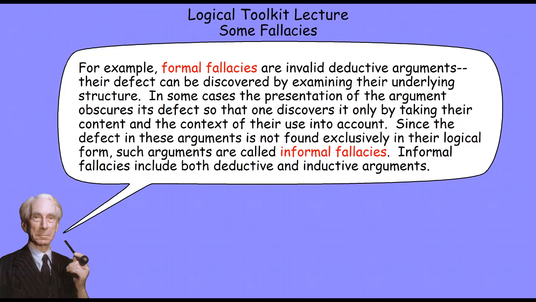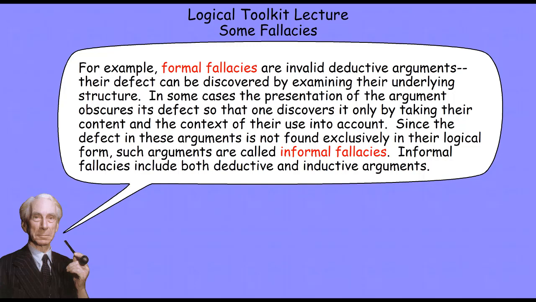Other fallacies are different. In some cases, the presentation of the argument obscures its defect, so that it seems like a much better argument than it actually is. It may seem successful when it's actually not a successful argument.